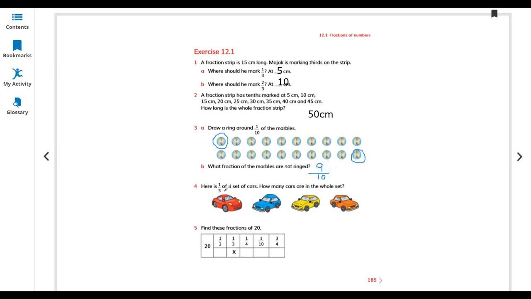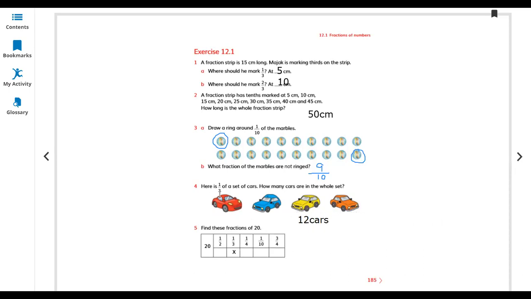So we have here 3, and in the whole set we need to find 3 multiplied by 1, 2, 3, 4, 4, 12. So there are actually 12 cars, which we are dividing into 4 equal parts. 4, 4, 4 like this. So there are in total 12 cars. So we can write here 12 cars.